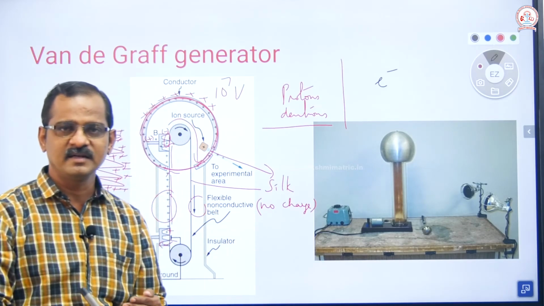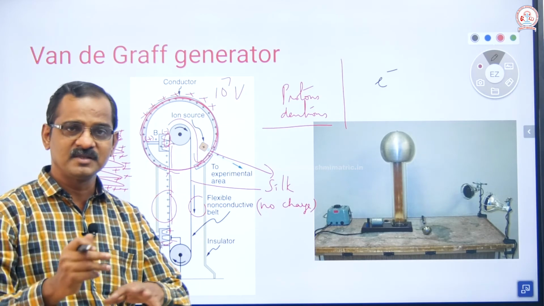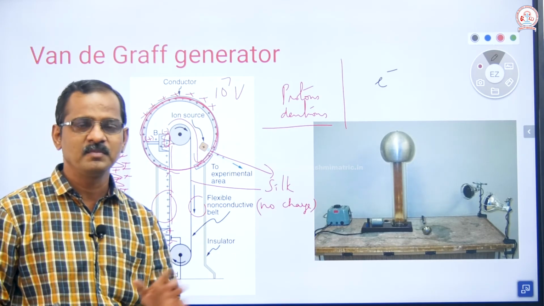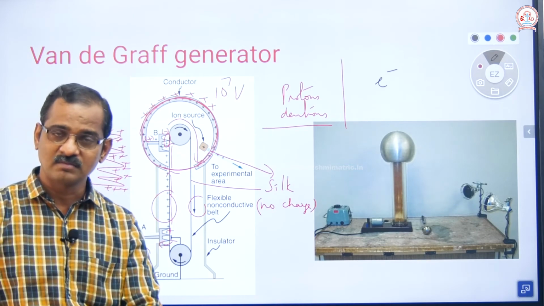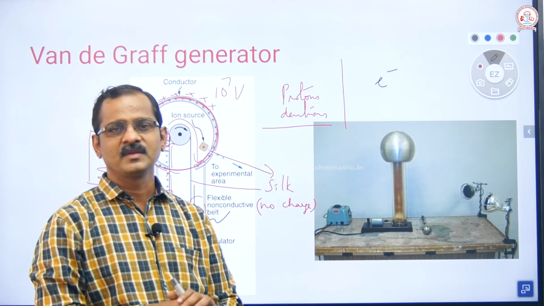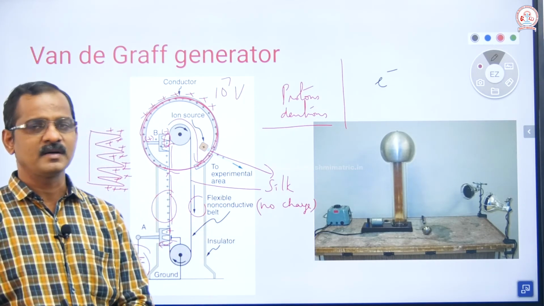When it is accelerated, its speed increases, and at that time its mass also varies. So electrons cannot be accelerated, even by cyclotron, because of relativistic variation of mass.